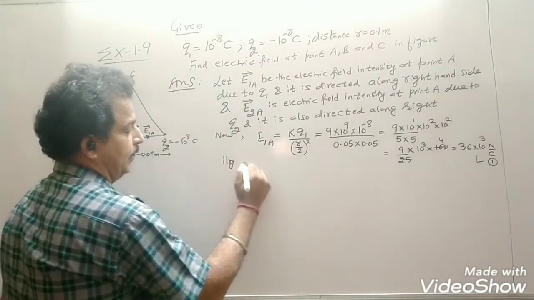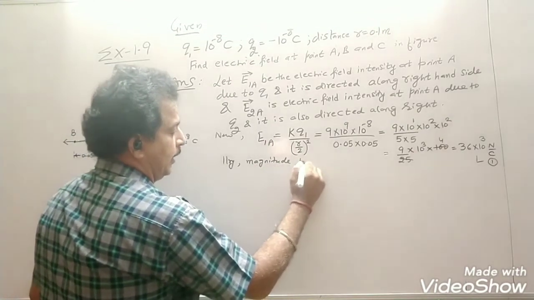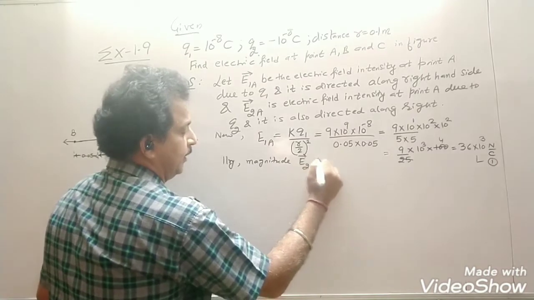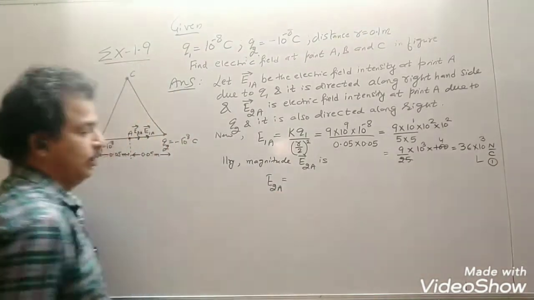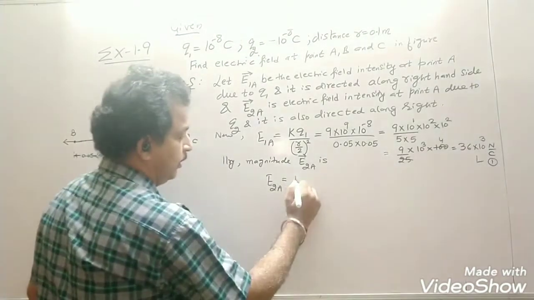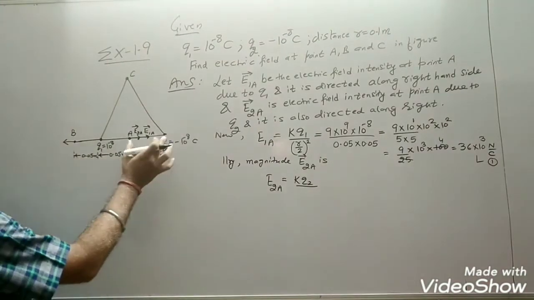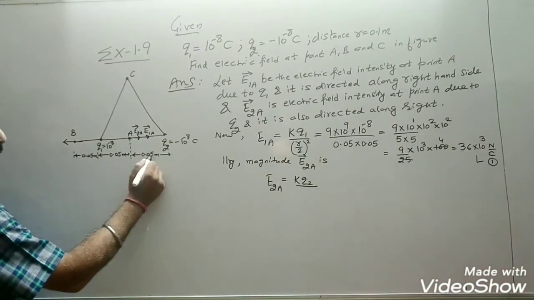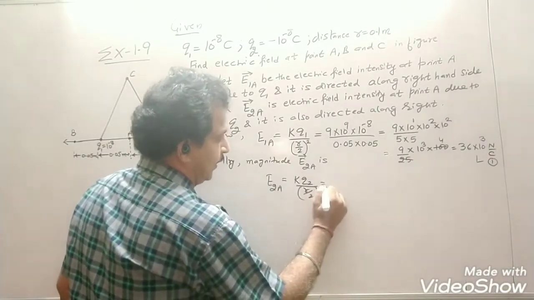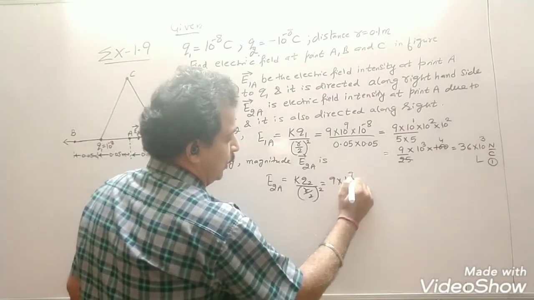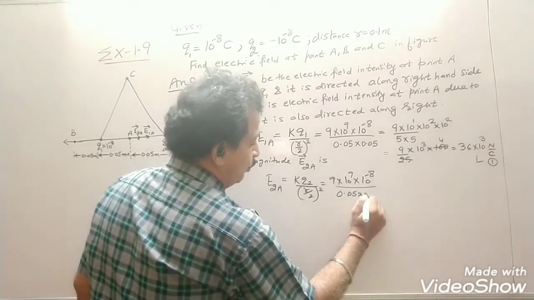Similarly, the magnitude of E2A vector: I am writing only the magnitude. Again K Q2 upon R by 2 whole square, and this distance is again 0.05 meter. So 9 into 10 raised to 9 into 10 raised to minus 8 upon 0.05 into 0.05.